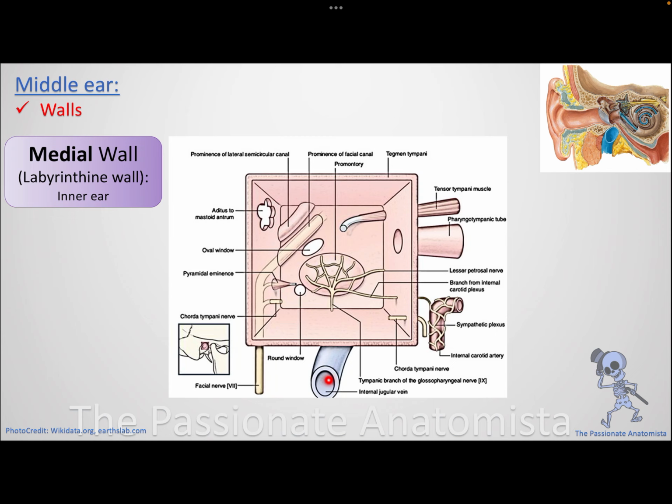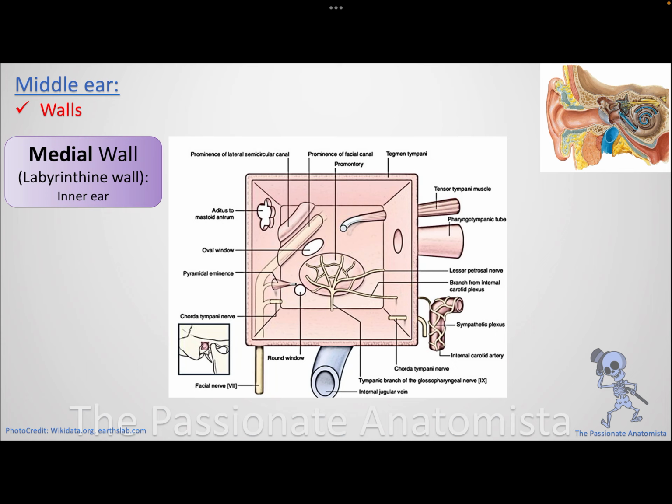But remember that the most important walls of the middle ear cavity are the medial wall, the posterior wall, and the anterior wall. And we will simplify them in such a way that you will remember everything related to them. Other than that, there is nothing important. That's why when they teach the middle ear cavity, you will find them removing the lateral wall, because it has nothing important other than the eardrum or the tympanic membrane. So we need to remove it so that we can see everything else in the middle ear cavity.